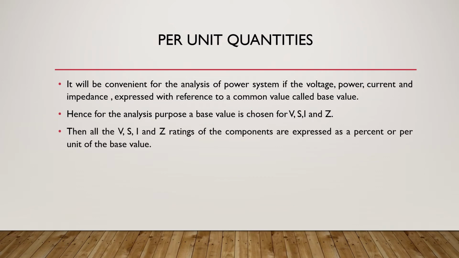Then all the four ratings of the components are expressed as a percent or per unit of the base value. Based on this, we can define the per unit value as the ratio of actual value to base value.